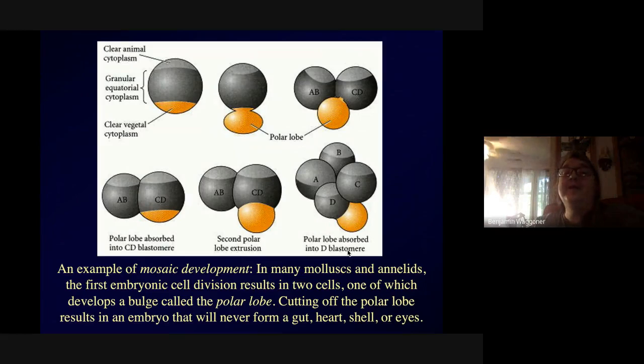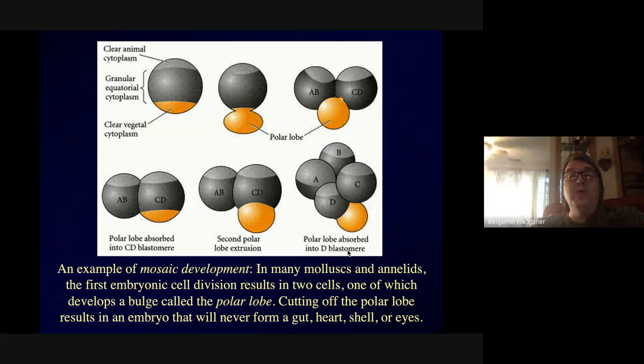Then when the main body of the cell really does divide, it divides into two cells, one called AB and one called CD. And the polar lobe is stuck to cell CD. Whatever's in the cytoplasm of the polar lobe doesn't move into cell AB. It stays part of cell CD.